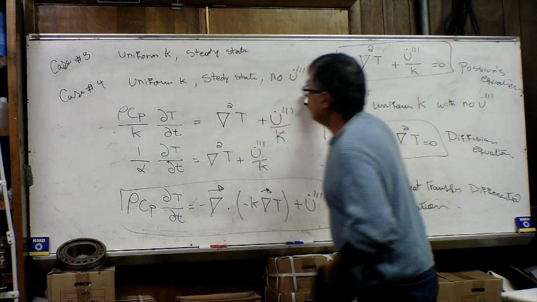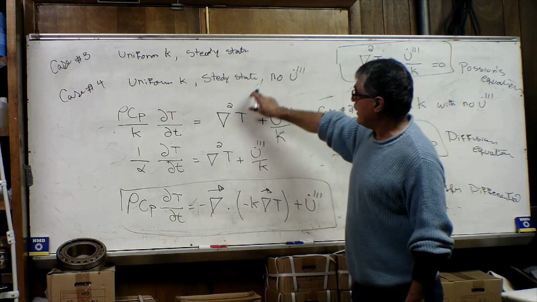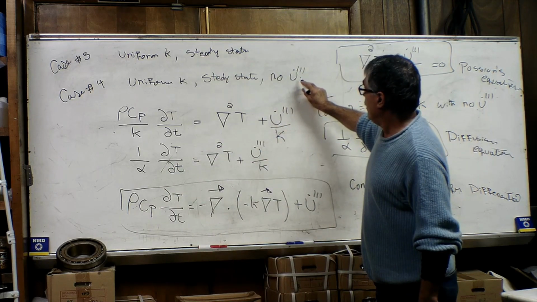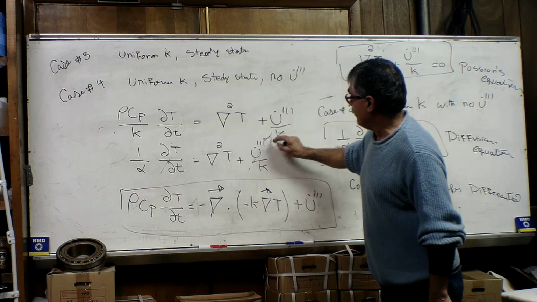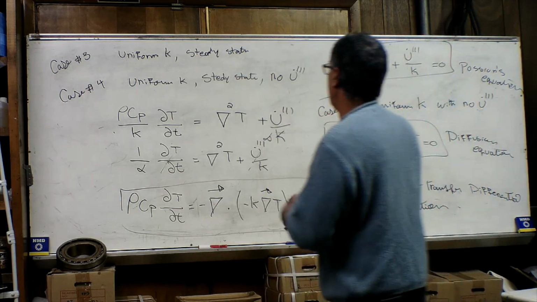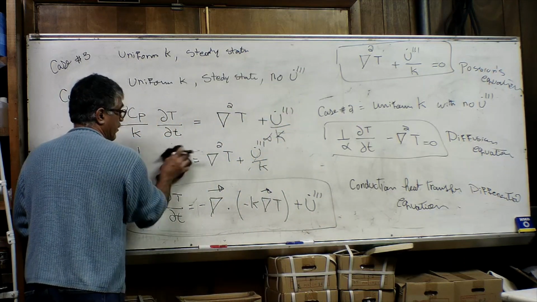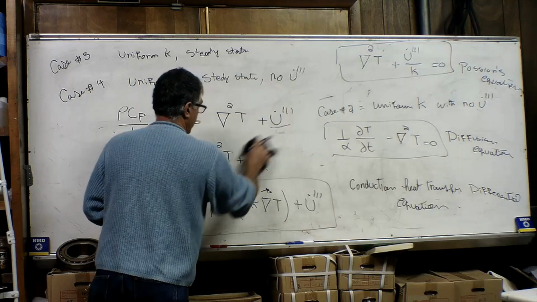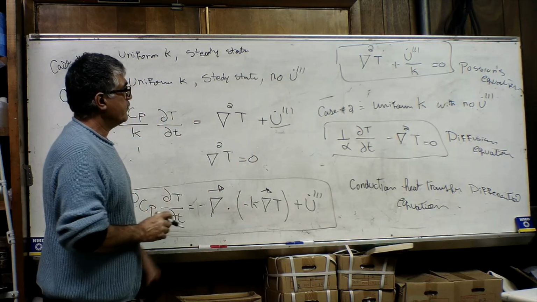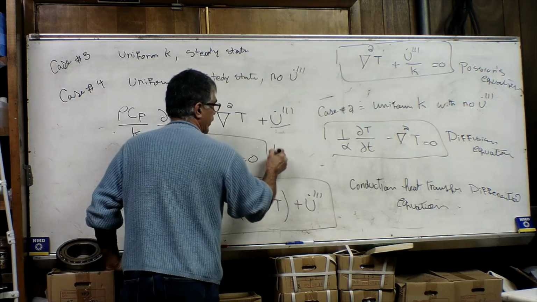So in this case, uniform k, so this will be our equation, a steady state, this portion will be 0, and no internal heat generation, this portion will be 0. So in that case, this will be 0, and this will be 0. So we are going to have del square T equal to 0. This is called Laplace equation.